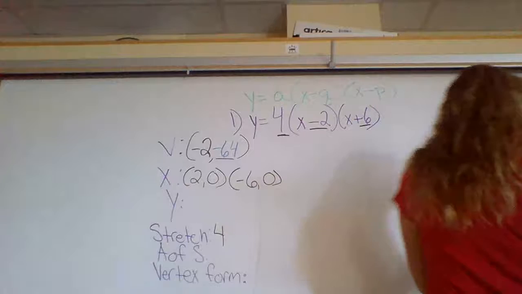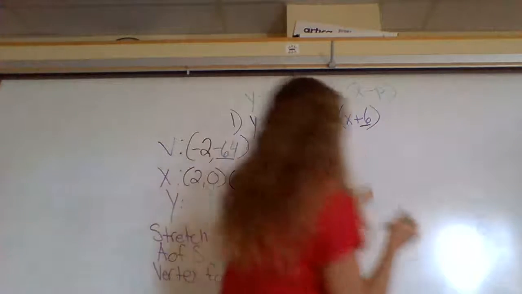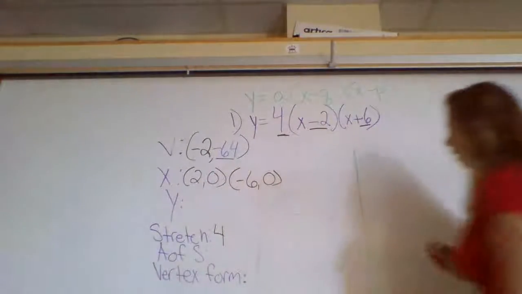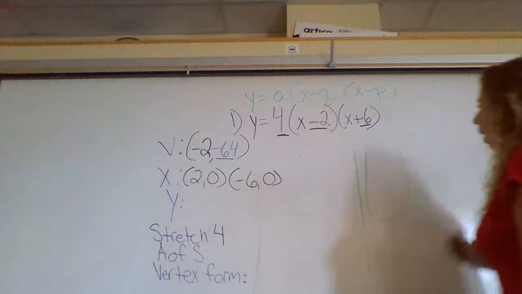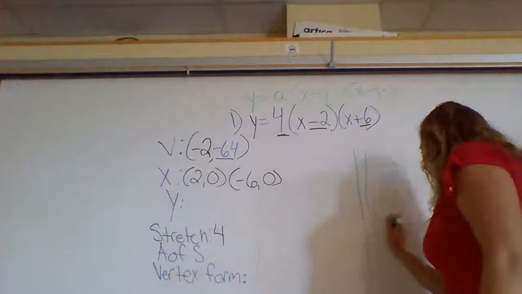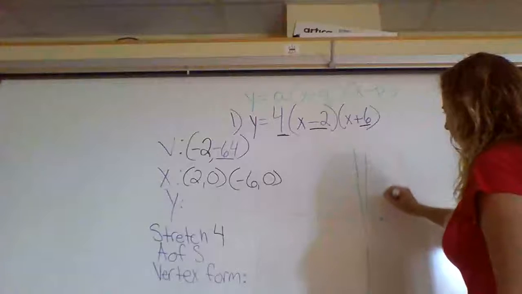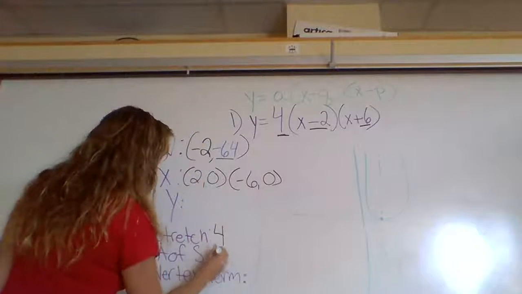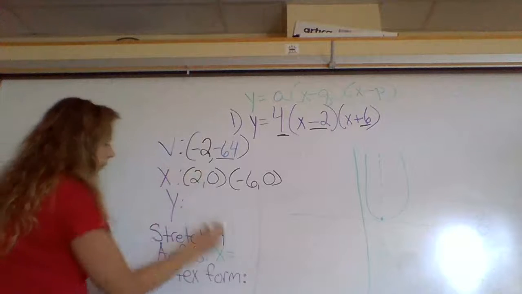So if I had a parabola, let's put it right here, here's my vertex, and the axis of symmetry goes straight through my vertex. So it's just x equals whatever this number is, -2.